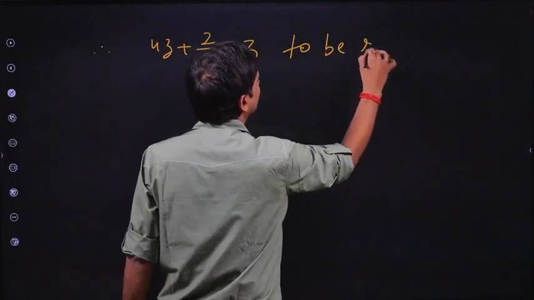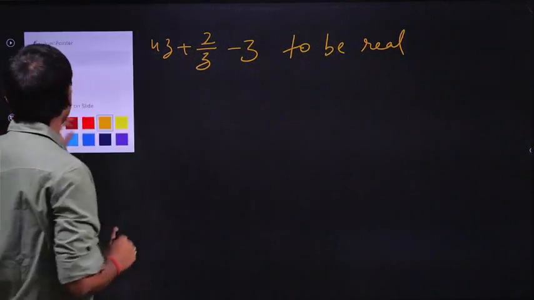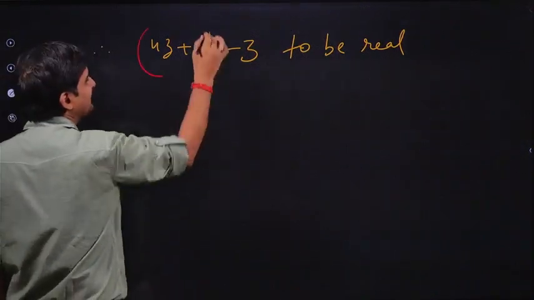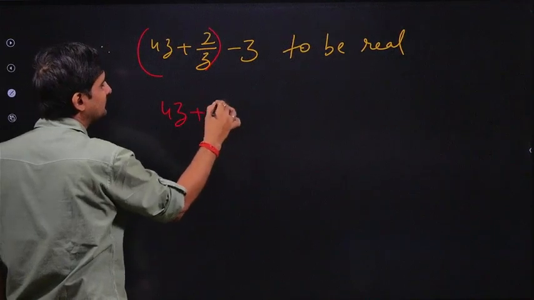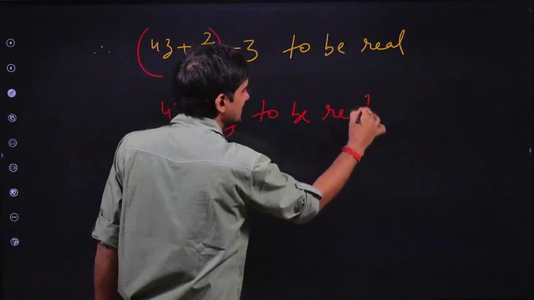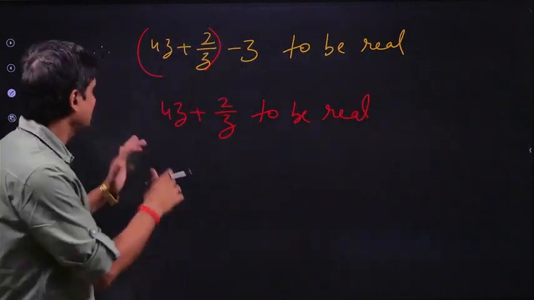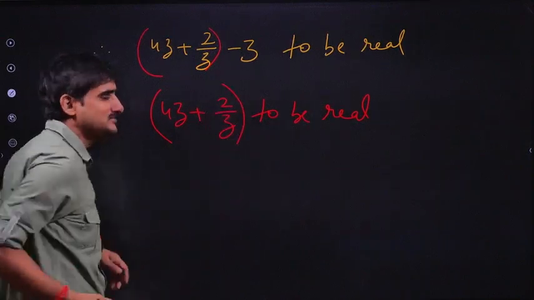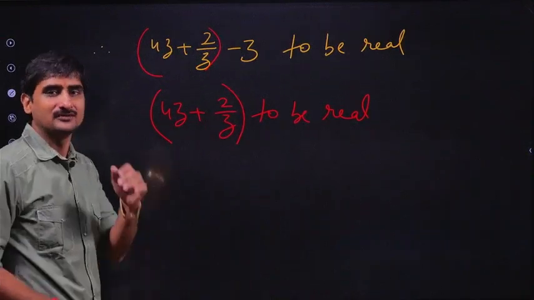All of you agree? Now again, for that to be real, minus 3 is already real, so 4z plus 2 by z has to be real. I think all of you will agree. So see, the entire expression I could change to this form. That was the idea actually.